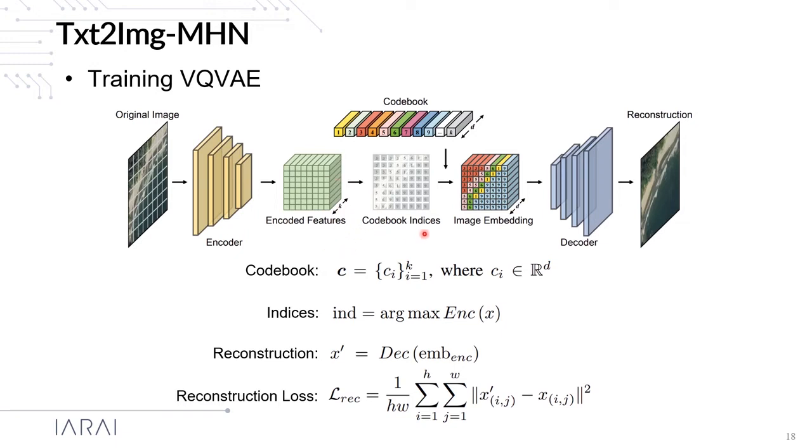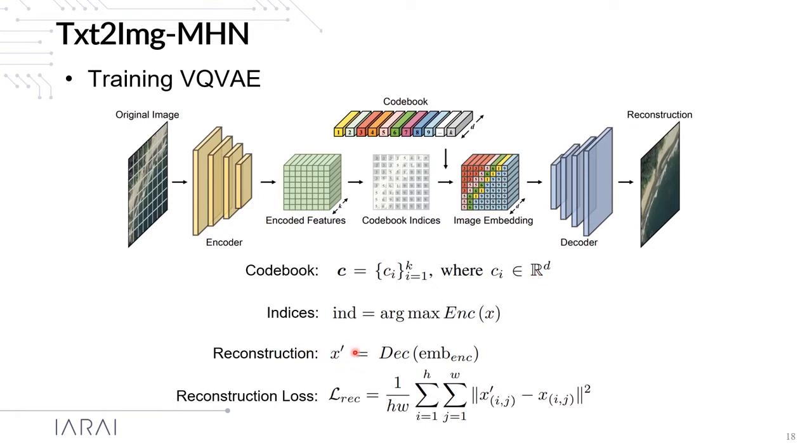And based on this codebook index, we can obtain the corresponding image embedding by simply copying the corresponding code word from the codebook.